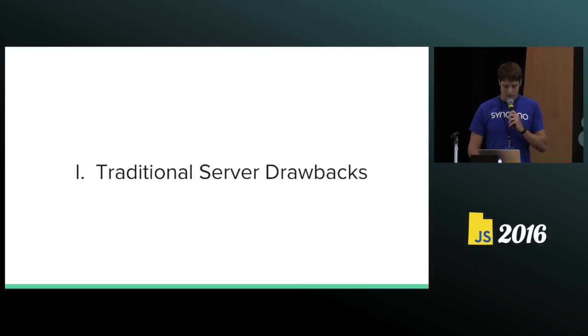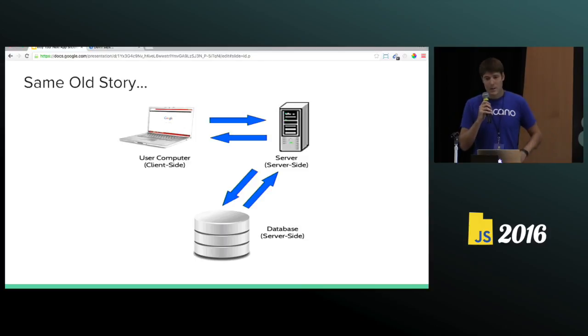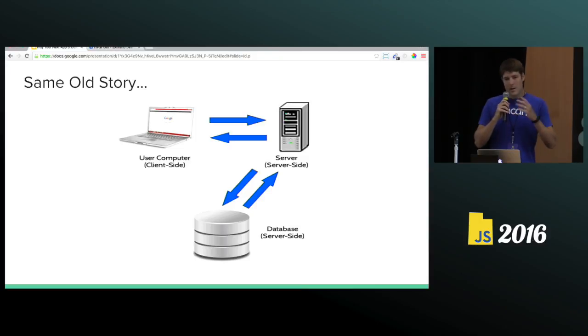So, some of the drawbacks. If you've built an app before, you've seen this model, right? You've got a client side, with many different browsers or devices. You've got your grandma who's still using IE8 for some reason. This client connects with the server, and the server handles a lot of different things, such as user authentication and managing your data.